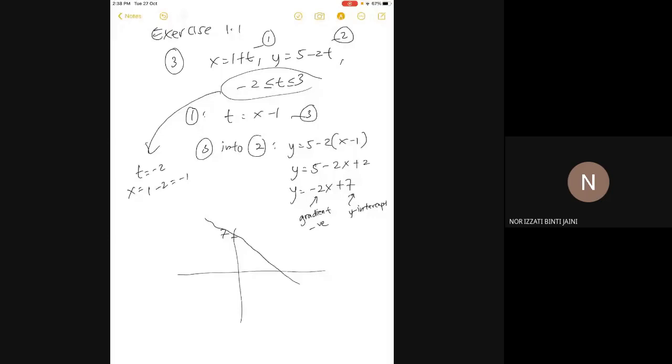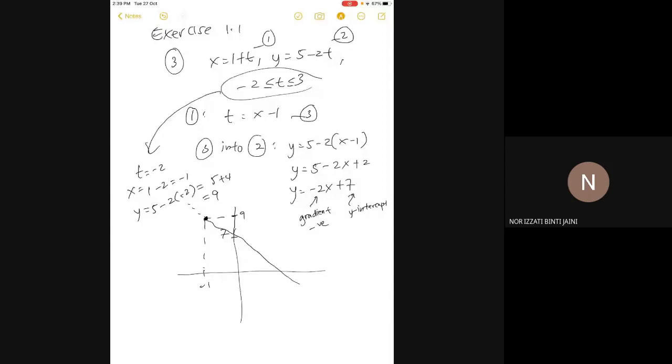Y equals to 5 minus 2 times -2, tambah 4 which is 9. So 9 tu katalah atas. Sini 7 kan? So katalah sini 9. So dia akan berhenti sampai sini. So dia tak perlu nak buat sampai atas. Okay. And then you must show that it is on the -1, 9 until here.